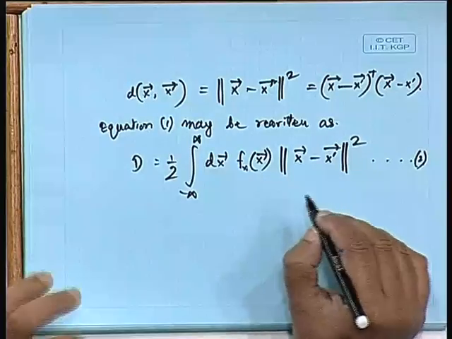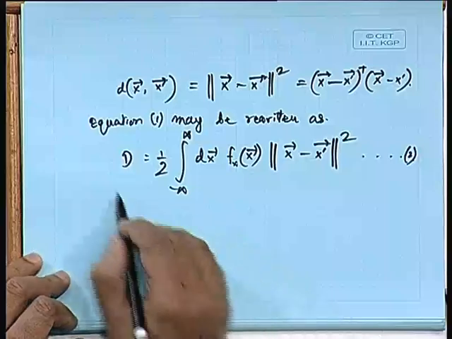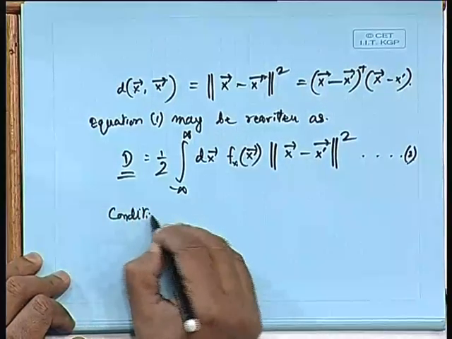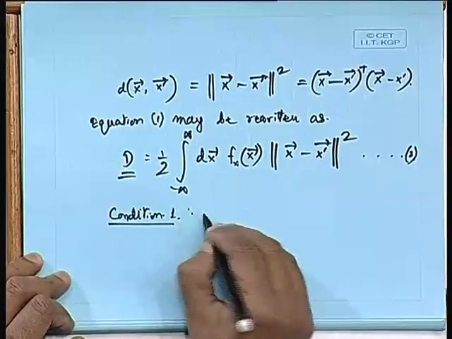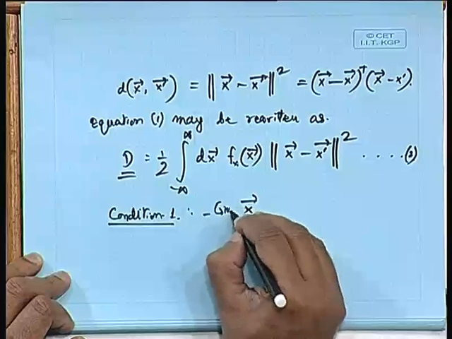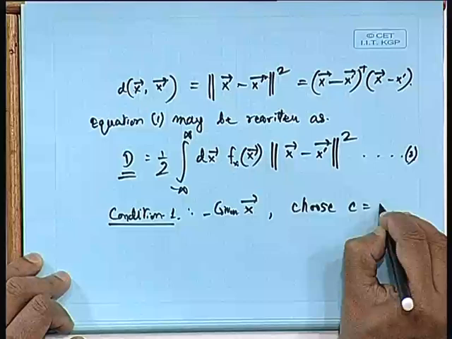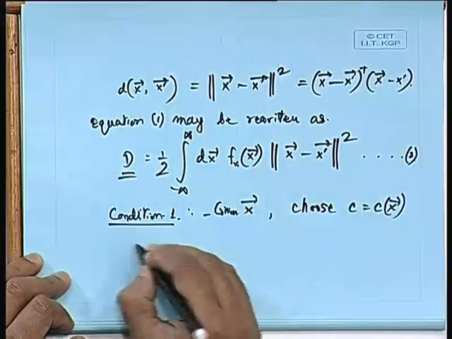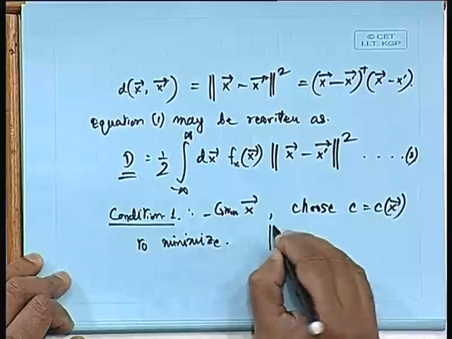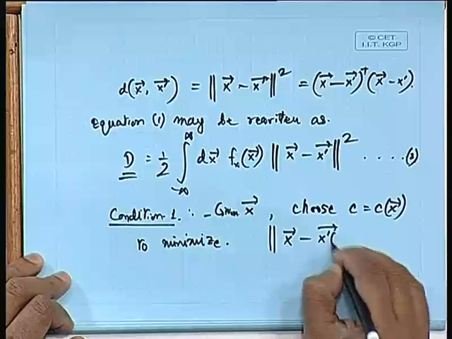All right. Now, to minimize this D, we have to fulfill two conditions. The first condition is that, given the input x vector, choose the encoder, that is c equal to c(x), to minimize simply the Euclidean distance between x and x prime of c. Okay.